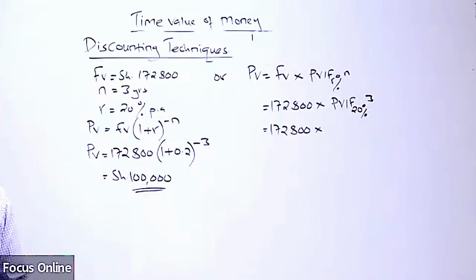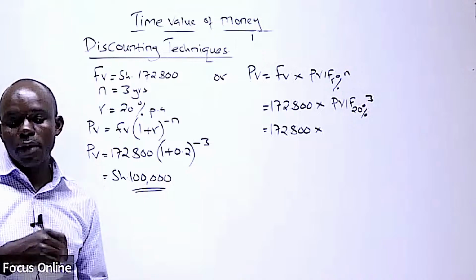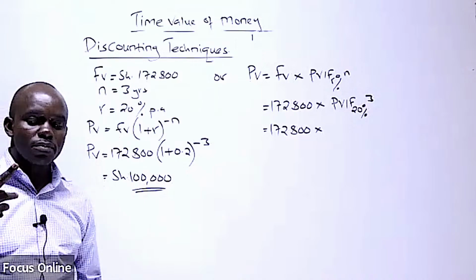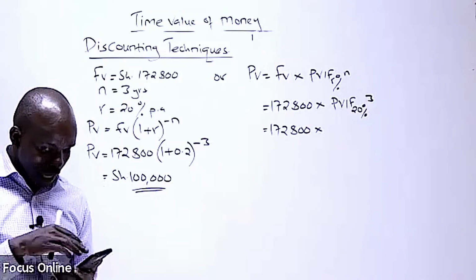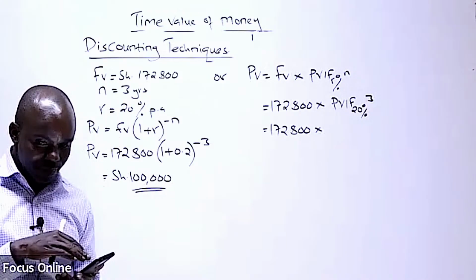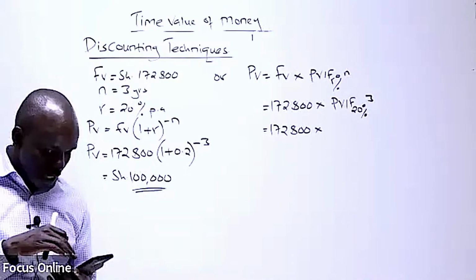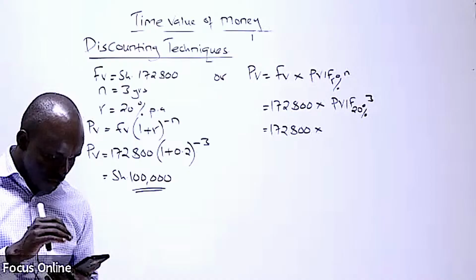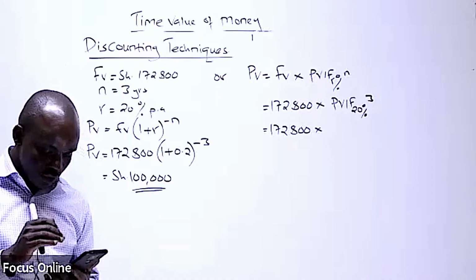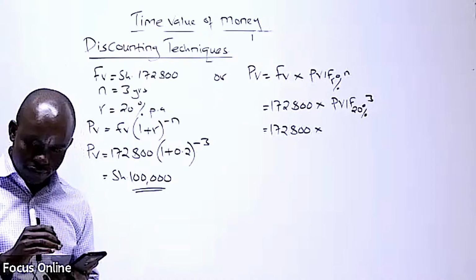Now, in that paper, there are two tables, the upper one and the lower one. You can see some formulas written above. The first one says present value interest factor, present value of 1 received at the end of n periods.